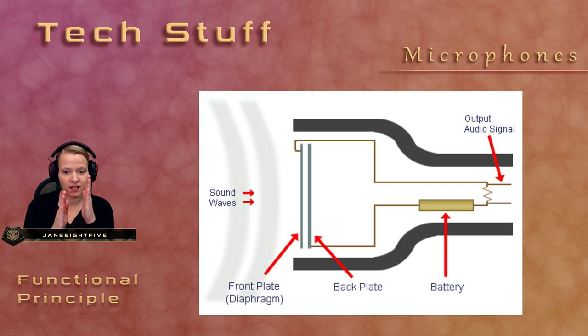And if the diaphragm moves, you change the capacity, and then you get that audio signal. The different voltages because of the capacity changes. But you see a battery here, you need a power source. There are microphones out there which you can power with a battery, but most of the microphones are powered with phantom power.